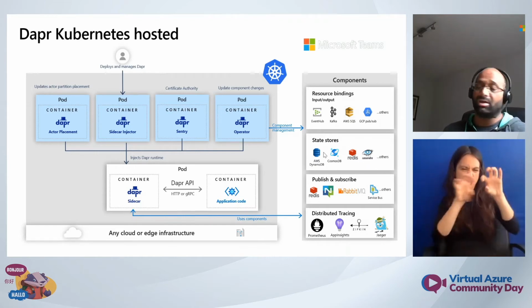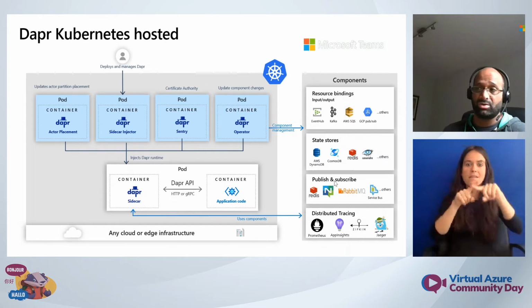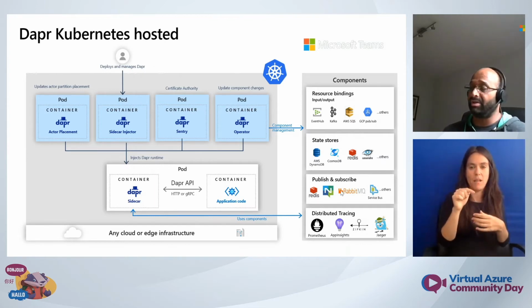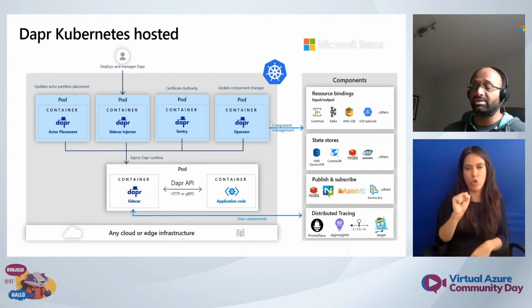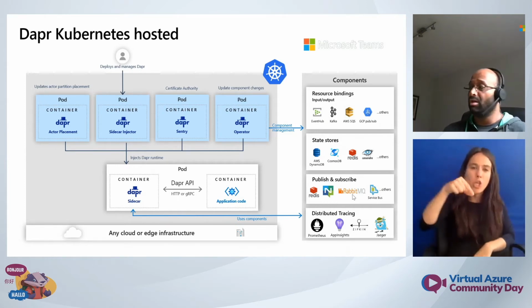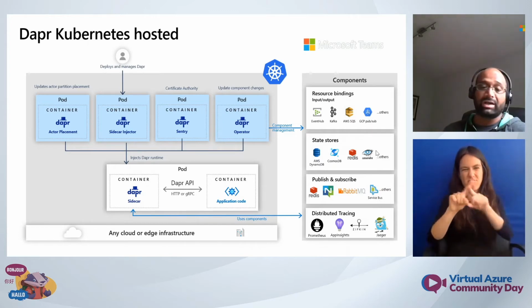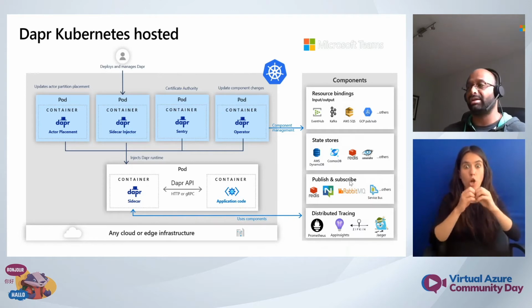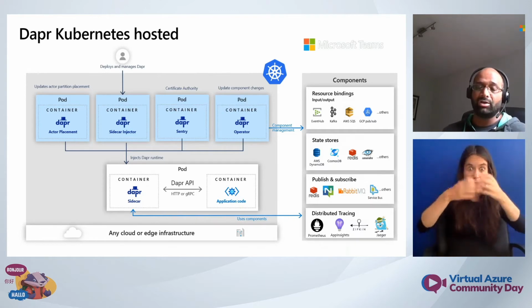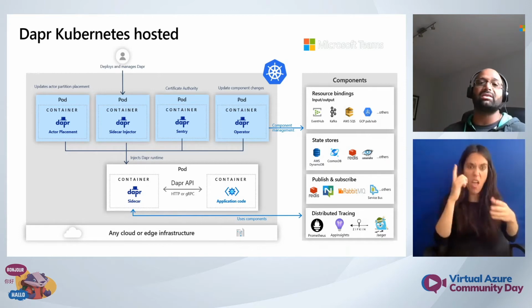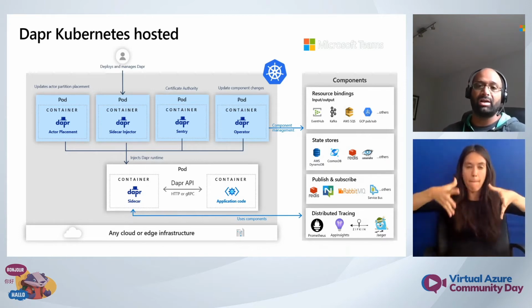In a similar way, when you will be implementing pub/sub scenarios, which is one of the very important patterns in building microservices applications, you can use Redis, NATS, RabbitMQ, and Service Fabric. One of the beauties of this architecture is that the number of components is increasing day by day. If you go to the GitHub repository of Dapr, you can see that with each release, we are increasing the number of components for a given building block.